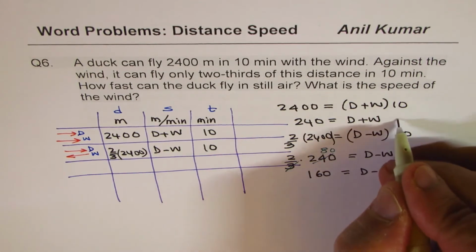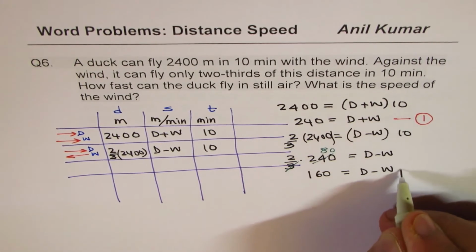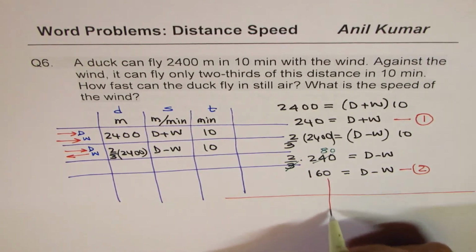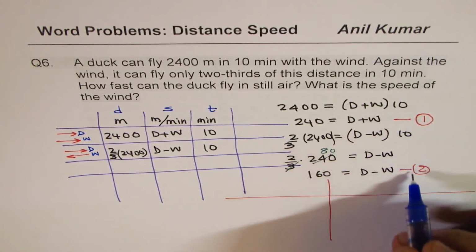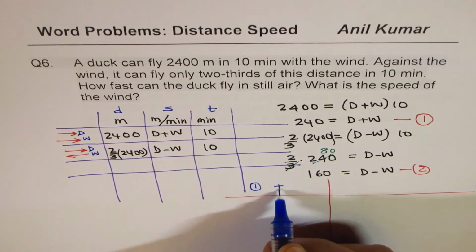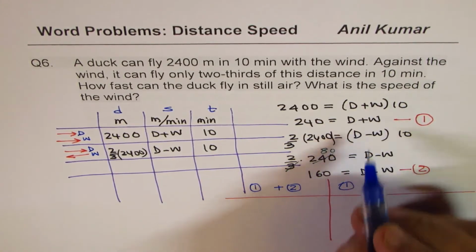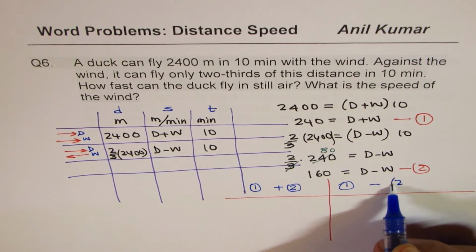So we get two equations. I'll call this equation 1, this equation 2, right? And then we'll do the needful. So we'll add these two up, equation 1 plus equation 2, and we'll subtract one from the other, always from plus to minus, that is better, right?